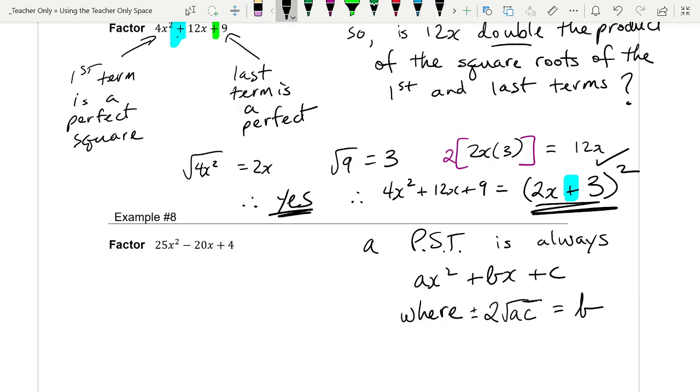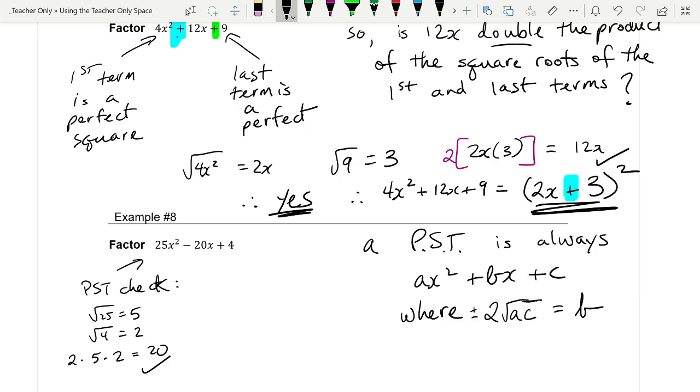So is this a PST? Do a PST check. I don't think I'd ever bother writing a PST check as I'm actually doing this. But let's see. Square root of 25 is 5. Square root of 4 is 2. 2 times 5 times 2 is 20.